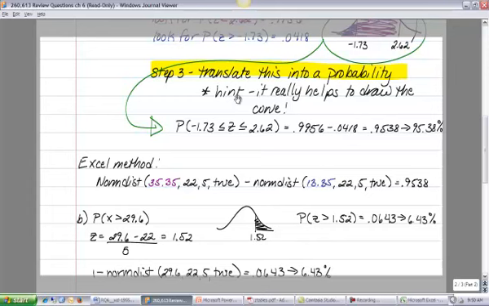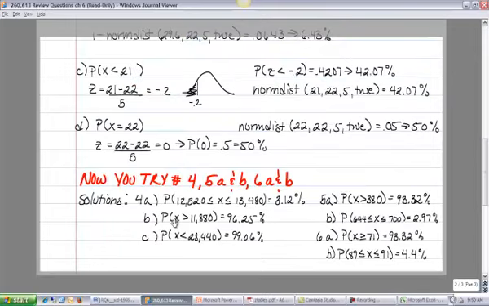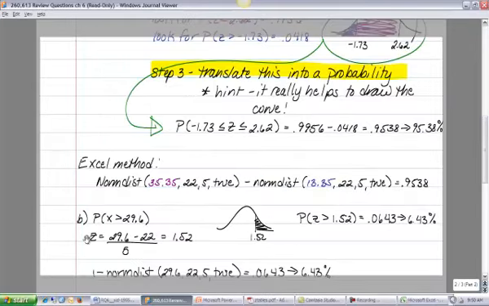Question B asks us, what is the probability that the car will get more than 29.6 miles per gallon? So question B, probability that X is greater than 29.6. Step 1, convert that x into a z.